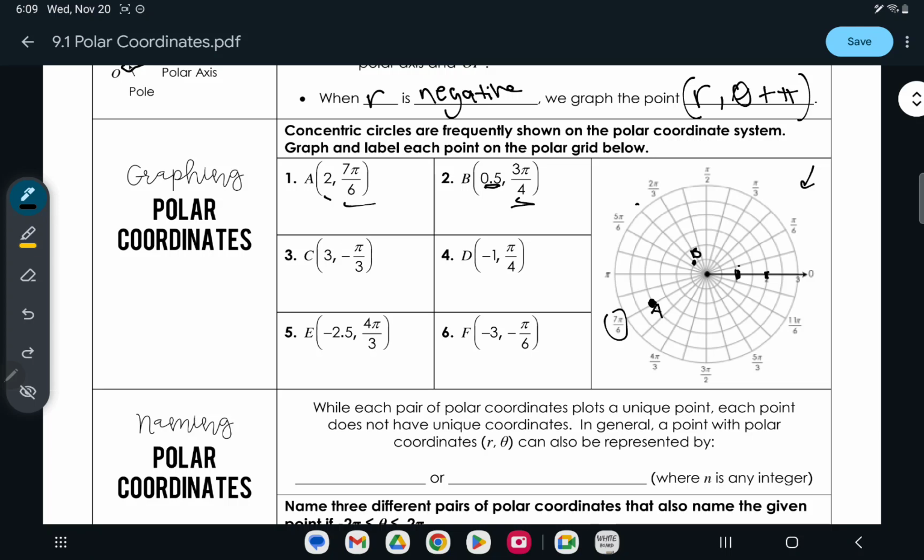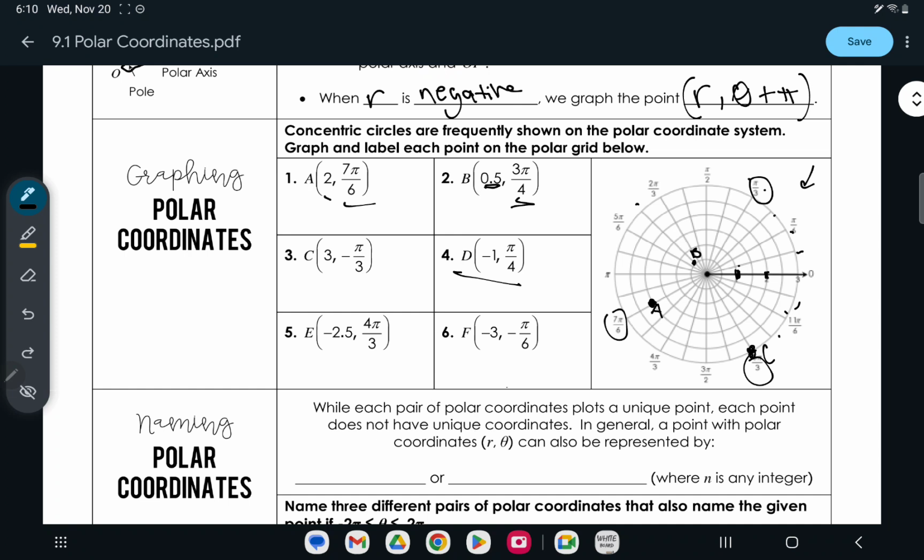C is 3 and negative pi over 3. Well, negative angles, remember they go clockwise. So if positive pi over 3 is here, and I see that as 1, 2, 3, 4 spots, the negative pi over 3 is 1, 2, 3, 4 spots here. And so radius 3 is that outer circle. So right here is C.